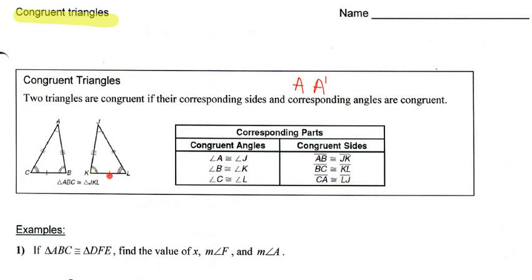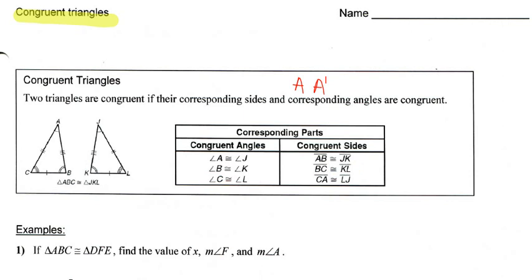KL, which is between the two arcs and the three arcs, should be corresponding to the other one between the two arcs and the three arcs. So KL corresponds to BC, and therefore they are equal. So I have here BC congruent to KL, and the other part, which is AB and JK. So those are the corresponding parts which are congruent, because those are the properties of rigid motions.